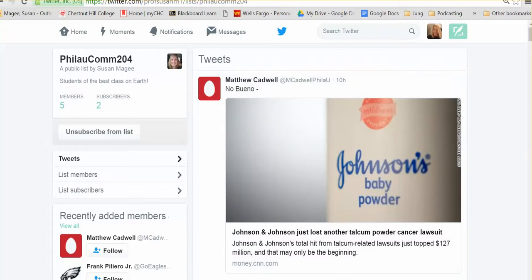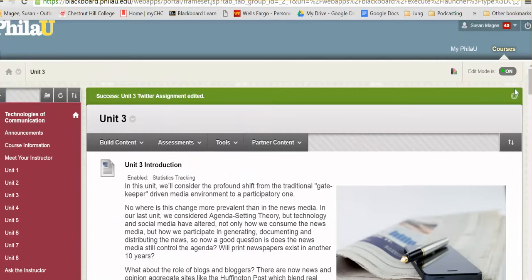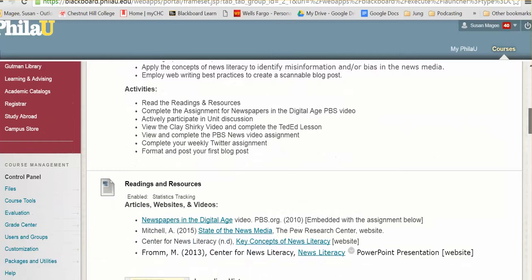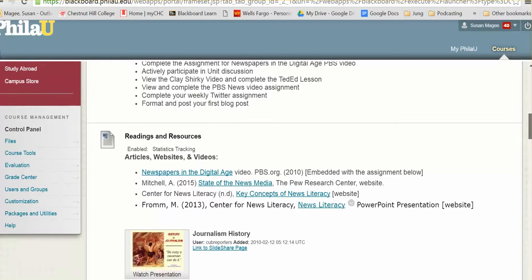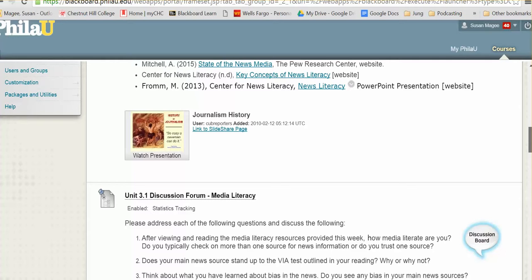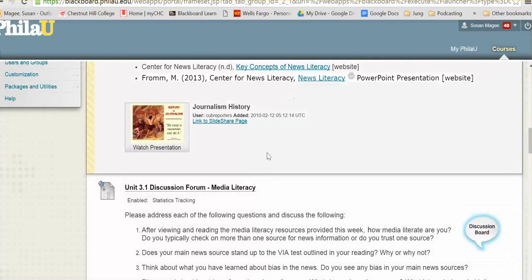For this week 3, we're talking about the news media, newspapers in the digital age. We're also going to talk about news literacy, which I think is so important. Media literacy and news literacy, I mean them as the same thing.